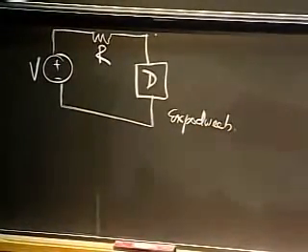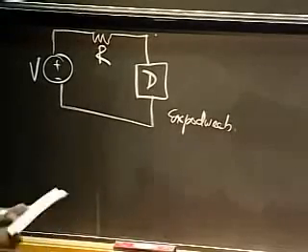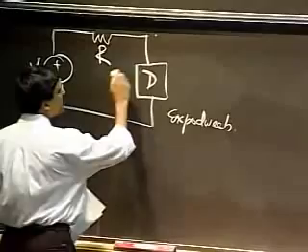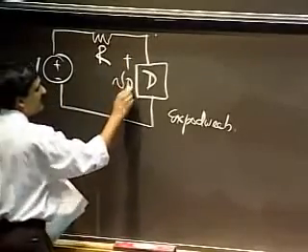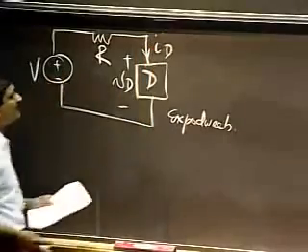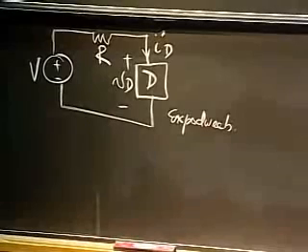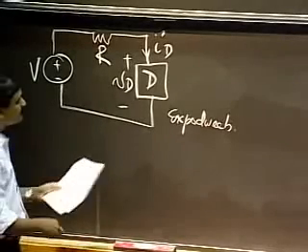Okay, purposely chosen a funky name because this is a fictitious device. Let me write down the associated variables for this device as follows. ID is the current flowing into this terminal, and VD is the voltage across this device.